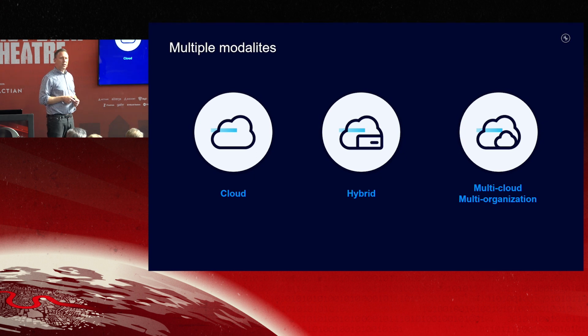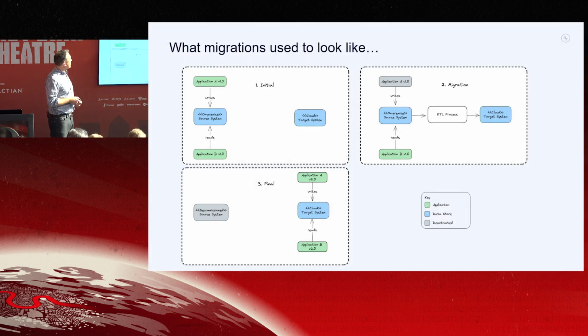And then you've got multi-cloud or multi-cloud organization. So if your organization uses a particular cloud vendor, you have different billing accounts, those things are probably ending up in different parts of networking infrastructure, etc. So whatever approach we use should really take all of those things into consideration.